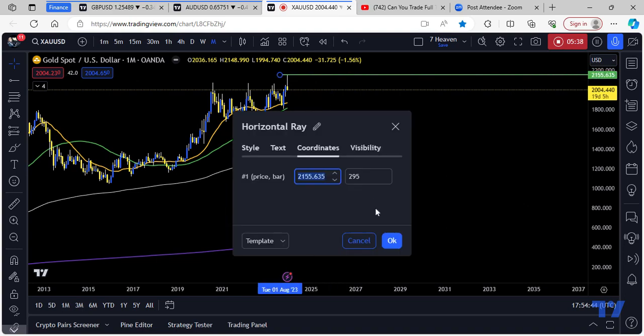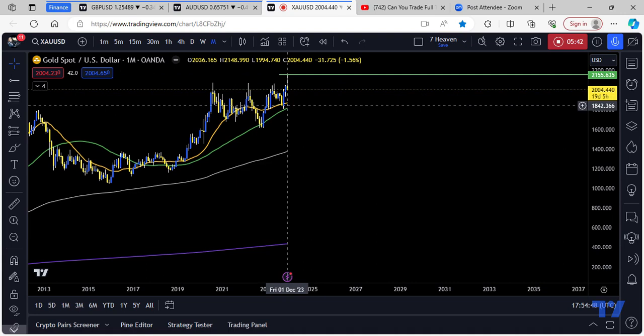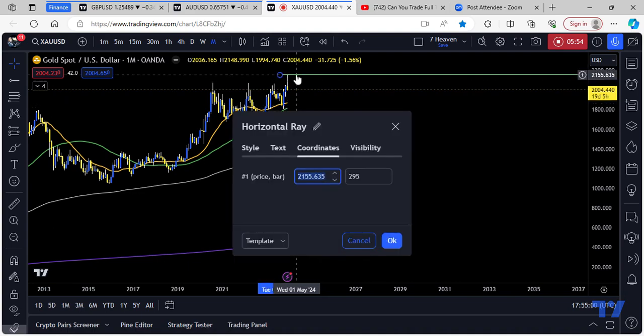That line represents the high of the week. And if you want to get precise, I can put my cursor right there and get the exact number. The exact number is 2148.990. So I can really just do this.